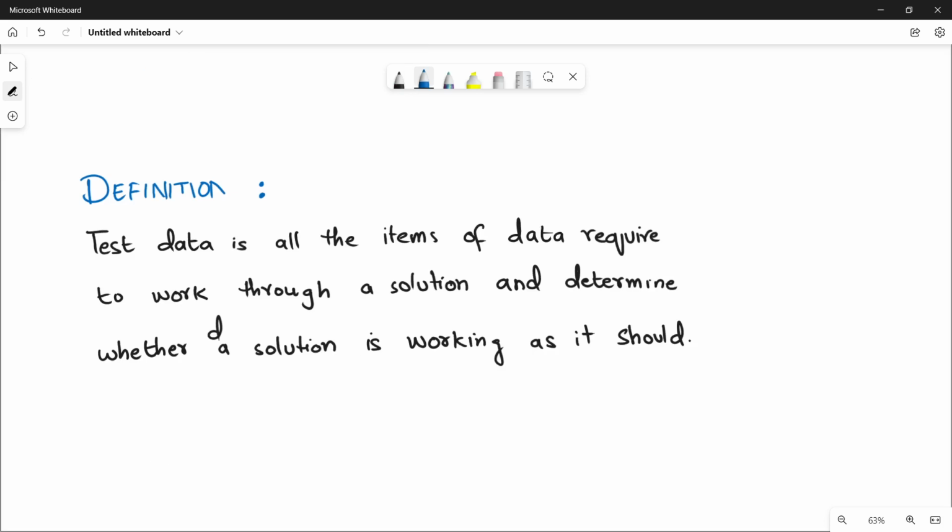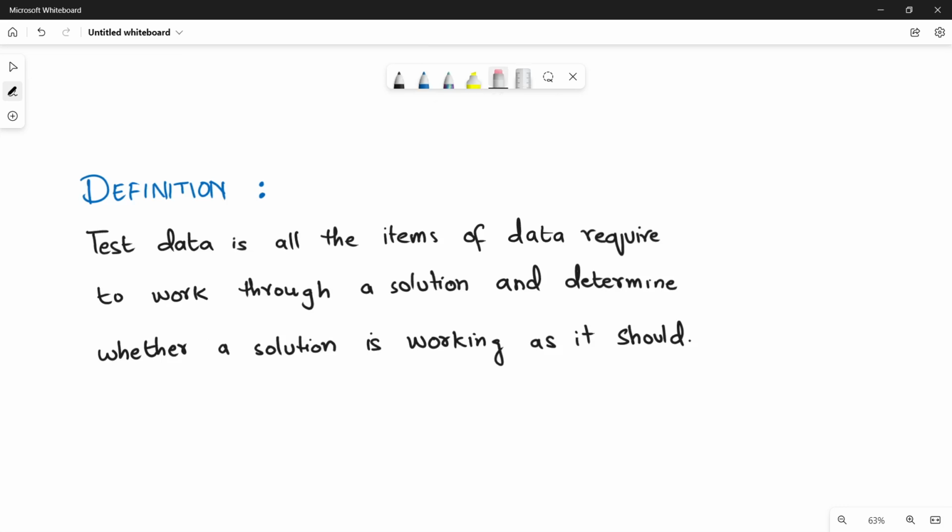By definition, test data is all the items of data required to work through a solution or an algorithm, and it determines whether a solution is working as it should. So it means that test data helps you to test your algorithm, to find out any error in it, and to check whether the algorithm is working the way it should or not. So this is the definition.